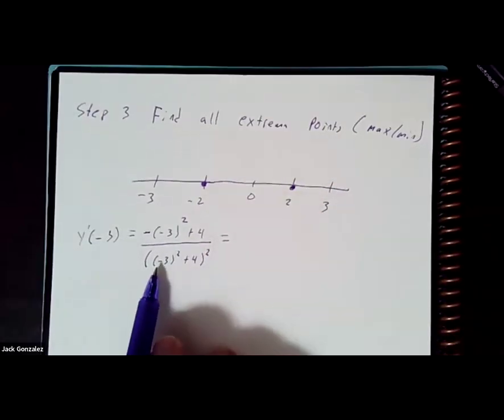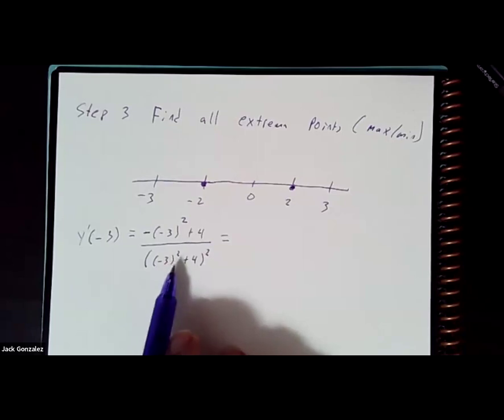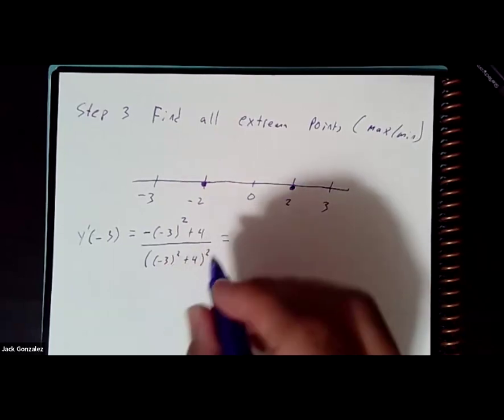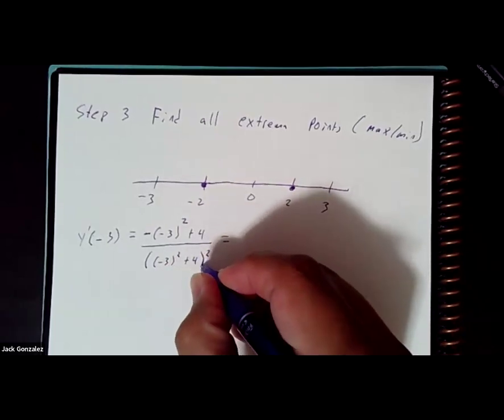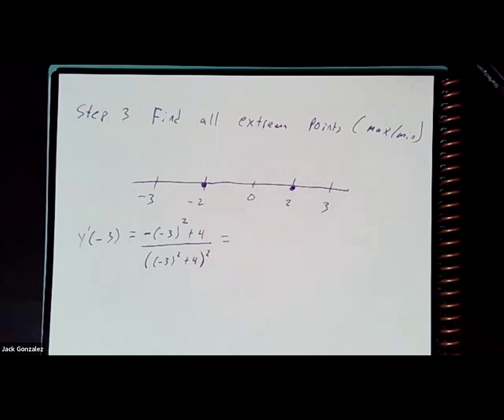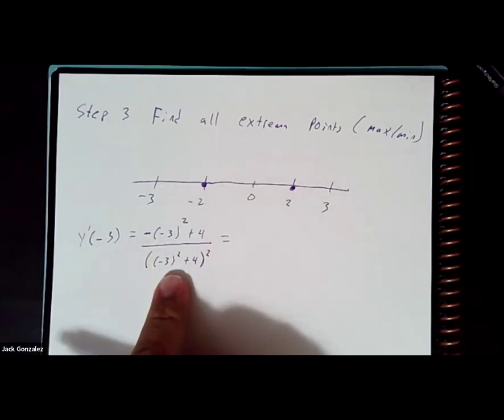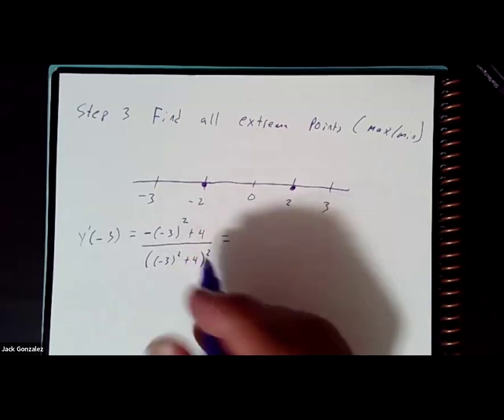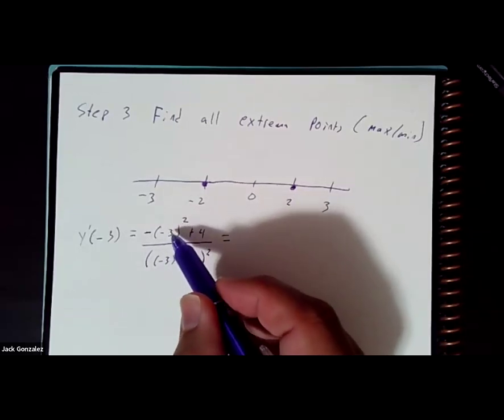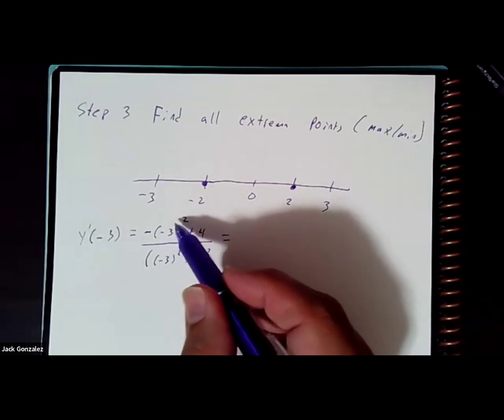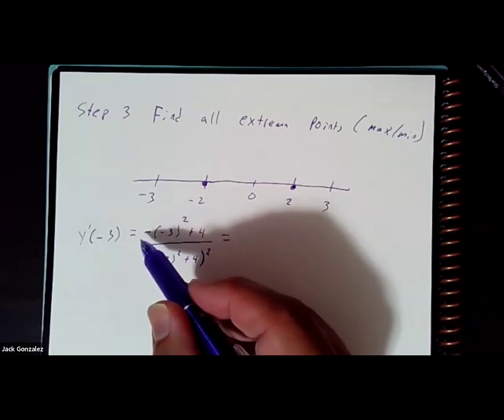Do you agree no matter what happens inside here, you're going to square it, so it's going to be positive? The denominator? And when I square this guy, it'll become plus, but then there's a minus waiting for it.